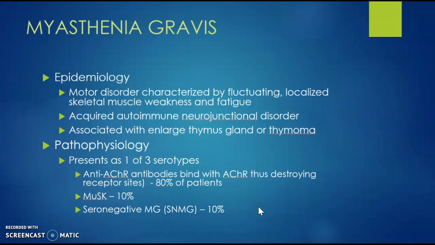And so therefore, because that is destroying the receptor site, acetylcholine can be only taken up by the ones that are not affected, thus reducing the conduction at the neurojunction site.